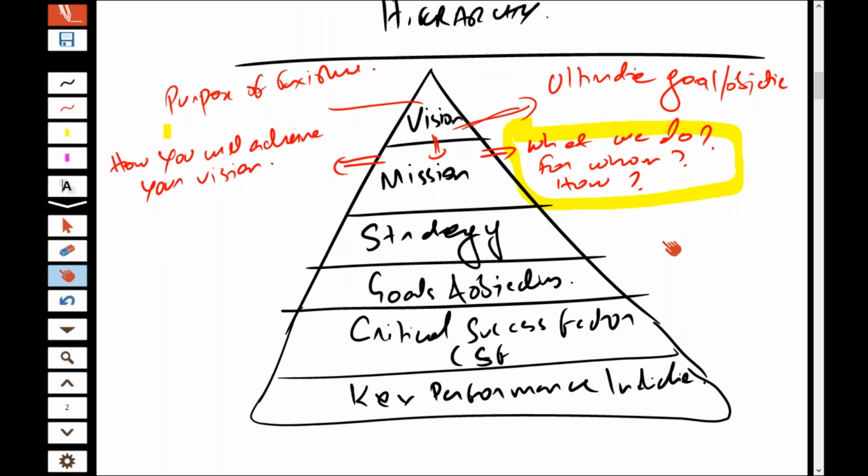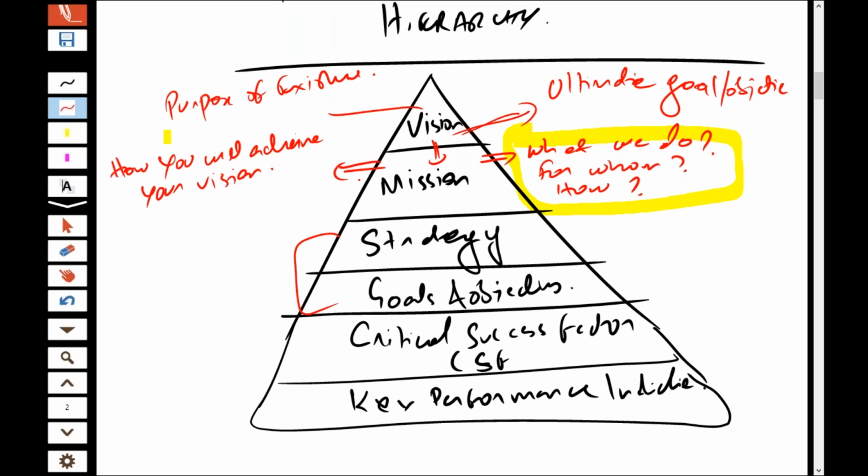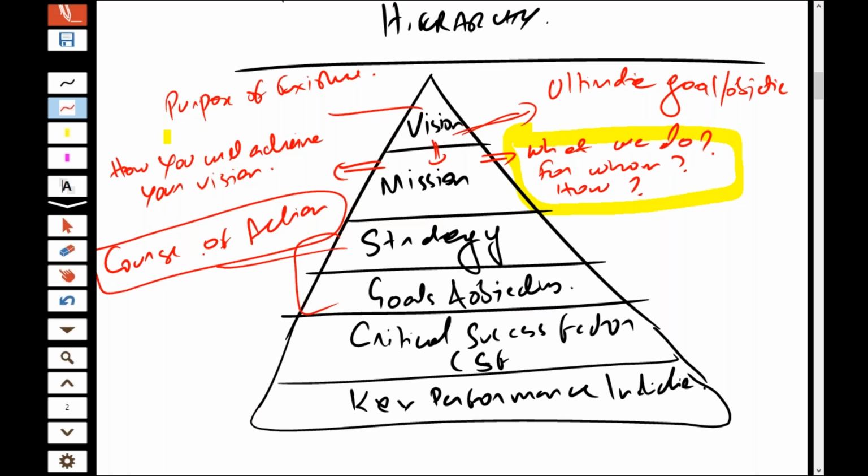And then we have the strategy, goals, and objectives. The strategy covers the course of action that you would take in order to achieve your mission. And then you've got the goals and the objectives.